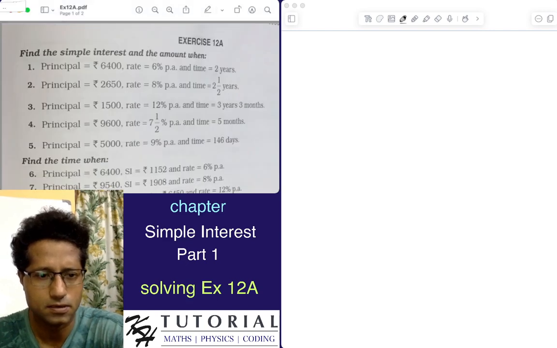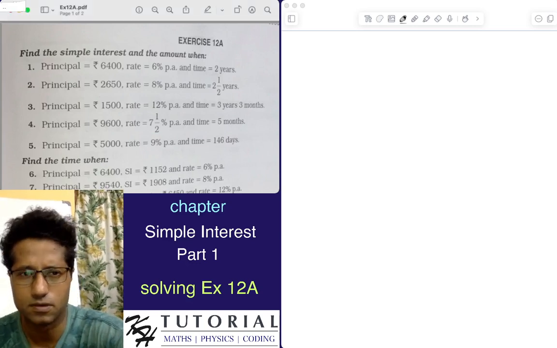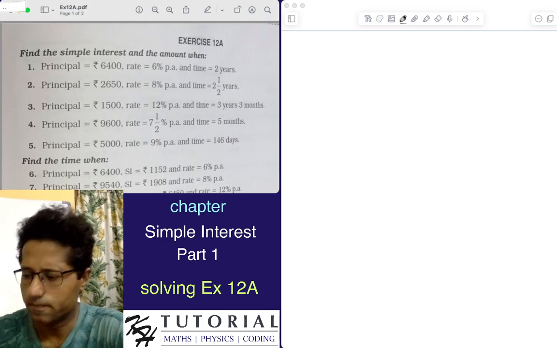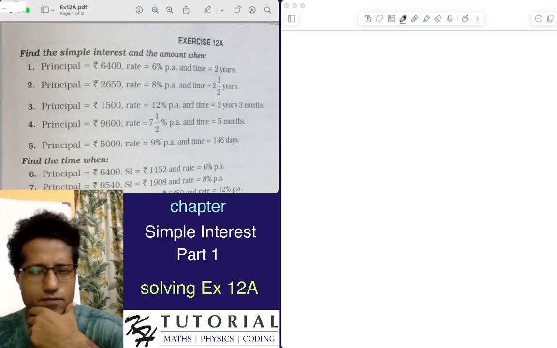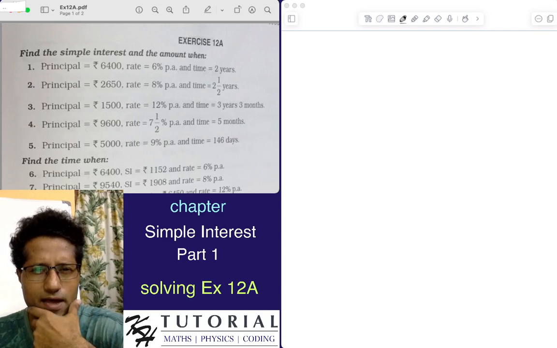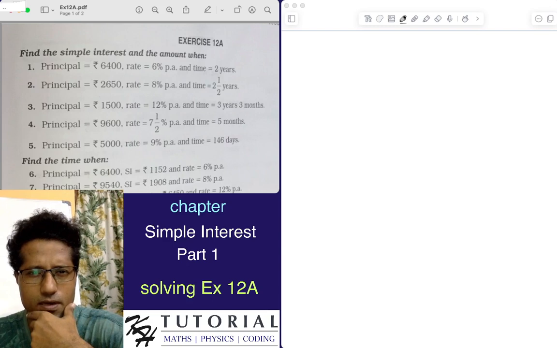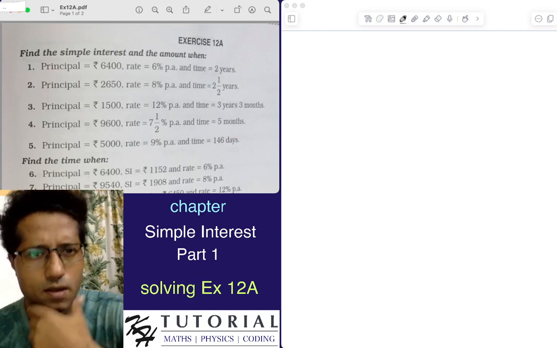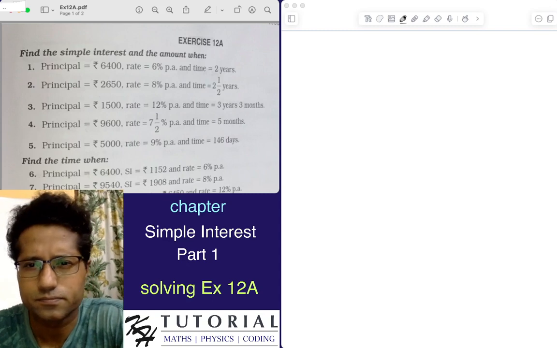I hope you can see the exercise 12A problems on the left hand side. The first one says find the simple interest and the amount when principal is given, rate percent P.A. means per annum is given, and time is given. Now let's do the first one.